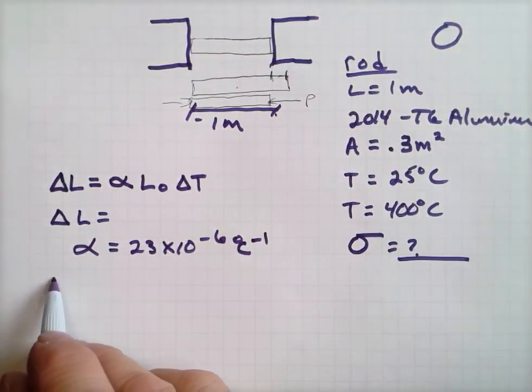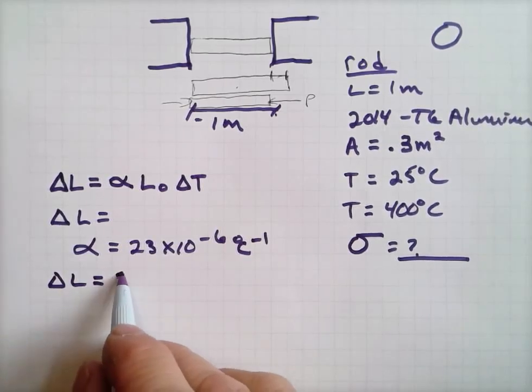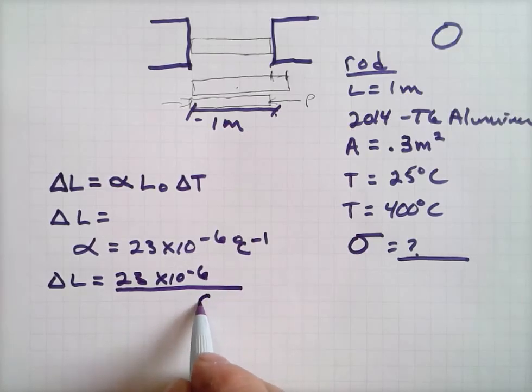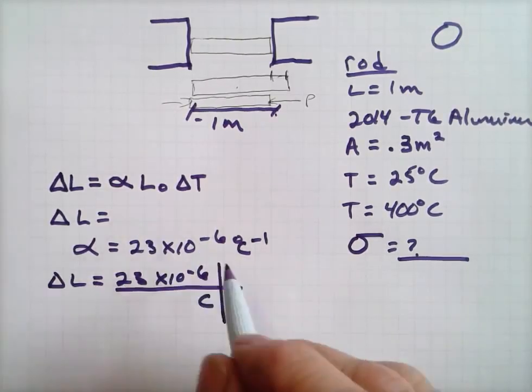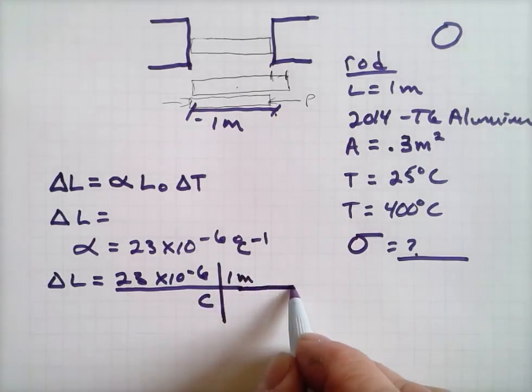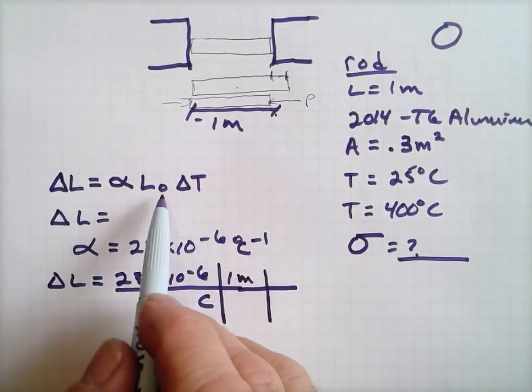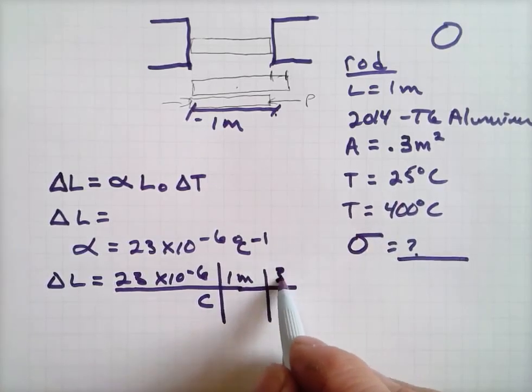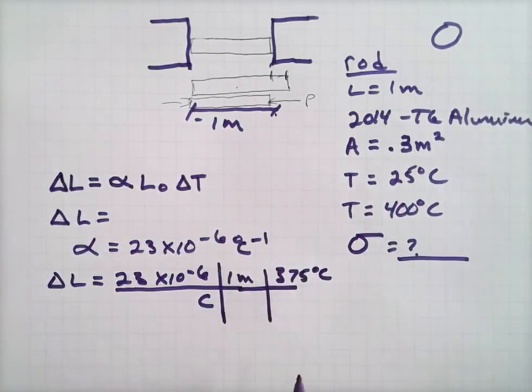So delta L equals 23 times 10 to the minus 6, we'll put the Celsius down below, times the original length, which was 1 meter, times the change in temperature, 375 degrees Celsius. Look what happens to the units.